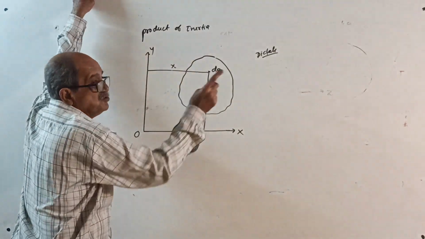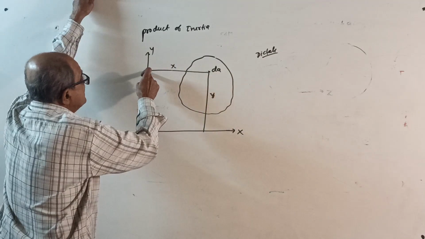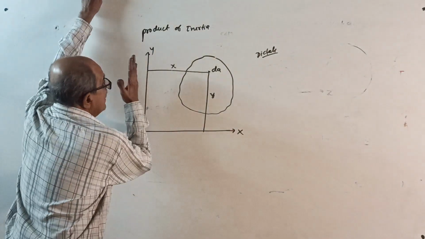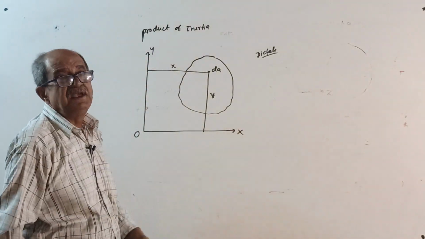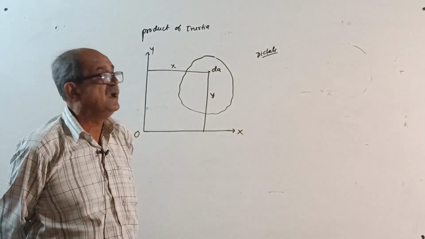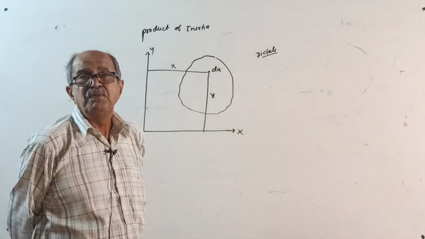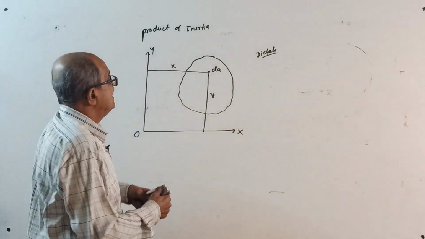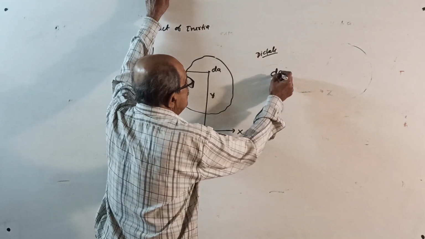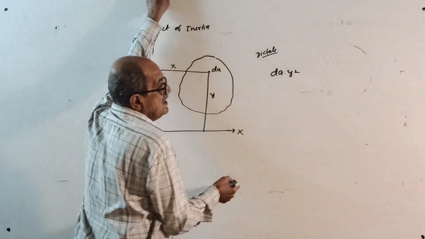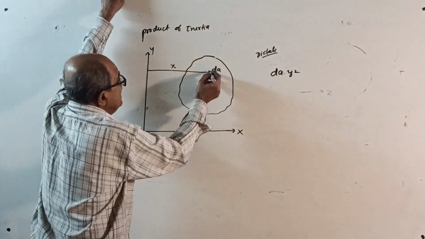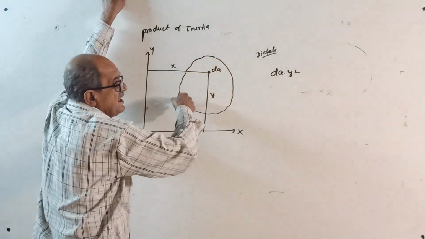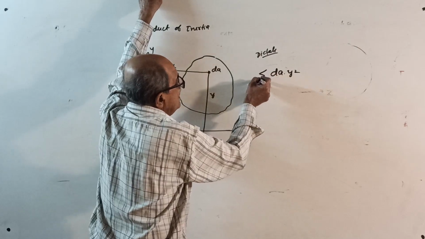Same way, dA into X will give the first moment of the area about OY. Then dA into Y square will give the moment of inertia of the elemental area dA about OX. So the moment of inertia of the entire area is sigma dA into Y square.